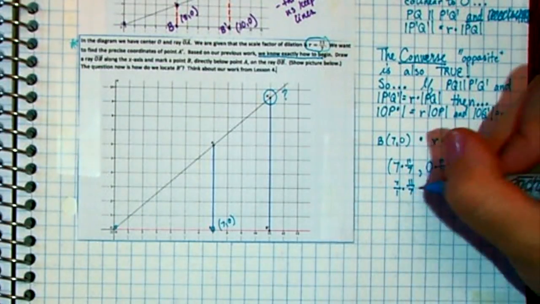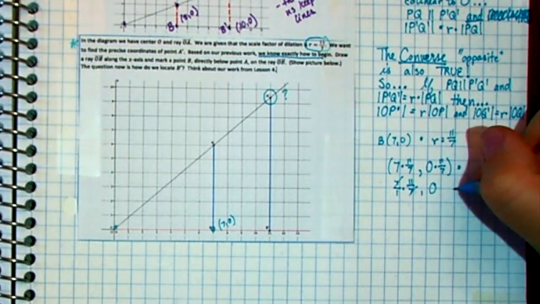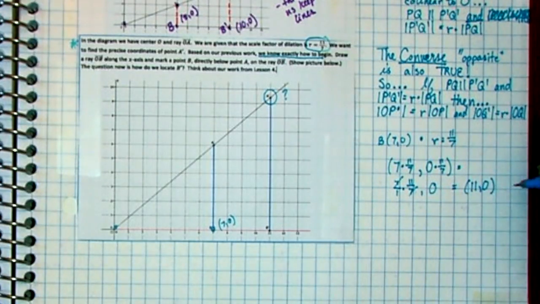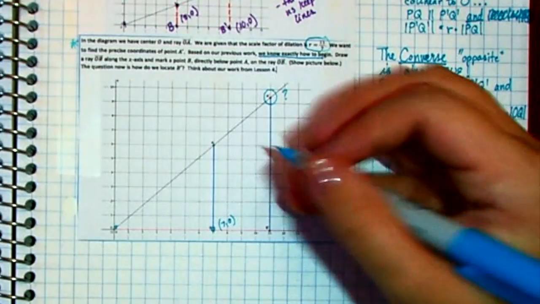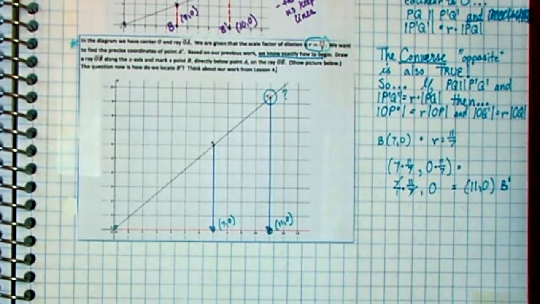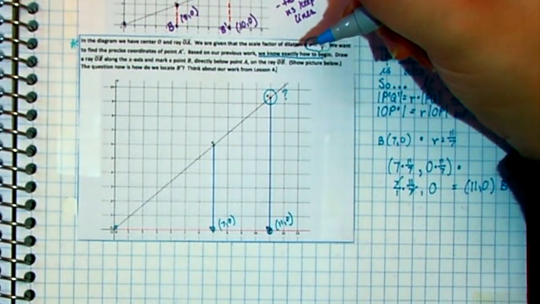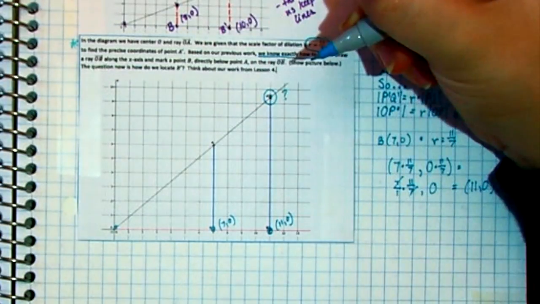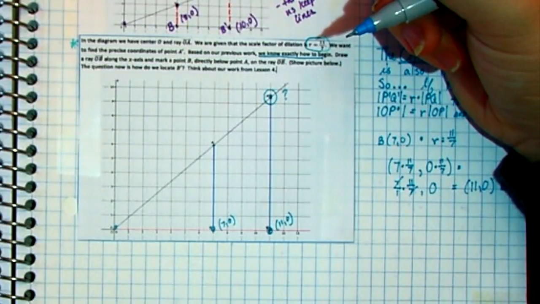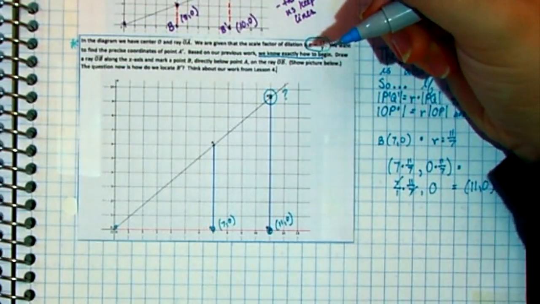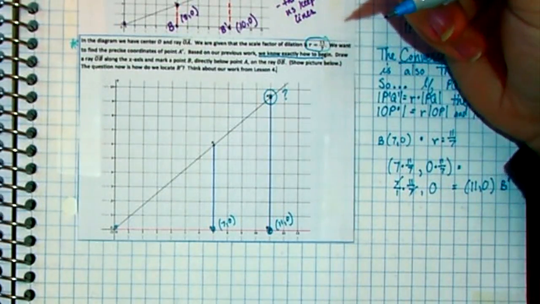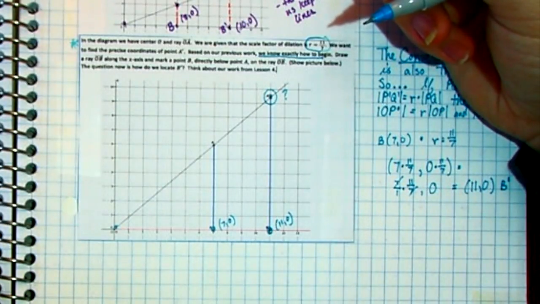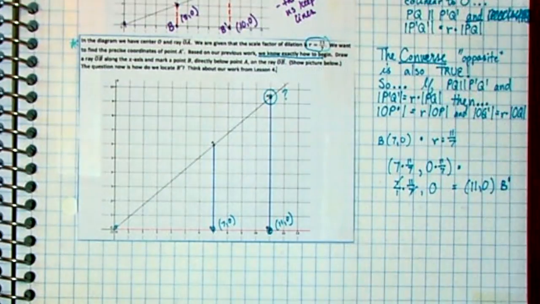We can just cross cancel those 7's, and our coordinate point of B prime is 11, 0. So I plot that point, and then I go directly up vertically to that ray OA, and I label A prime. Knowing that coordinate point, because we have the scale factor, really helps me to place that point without an issue.